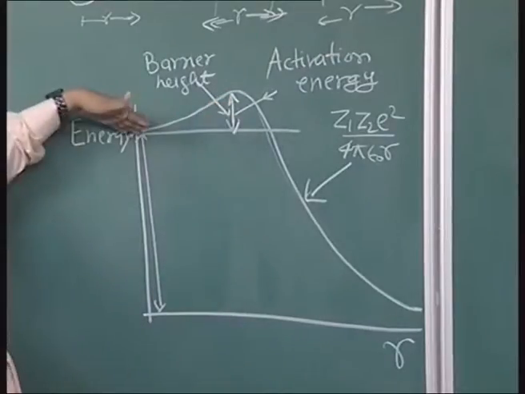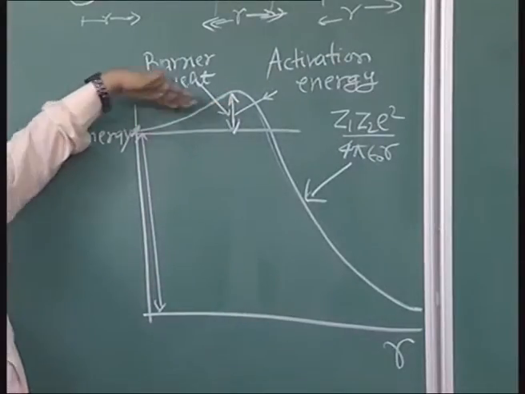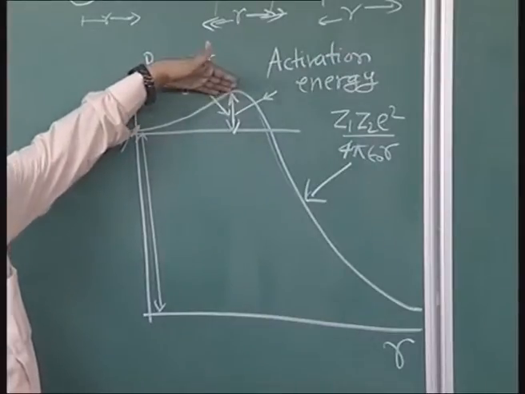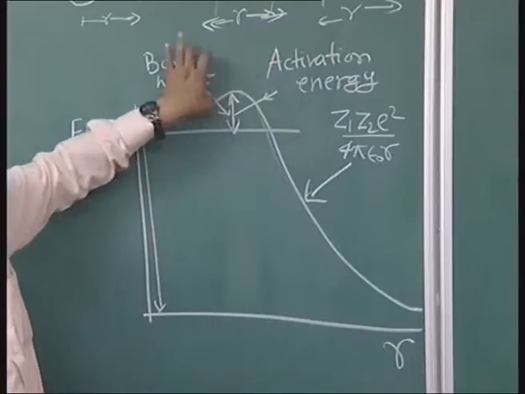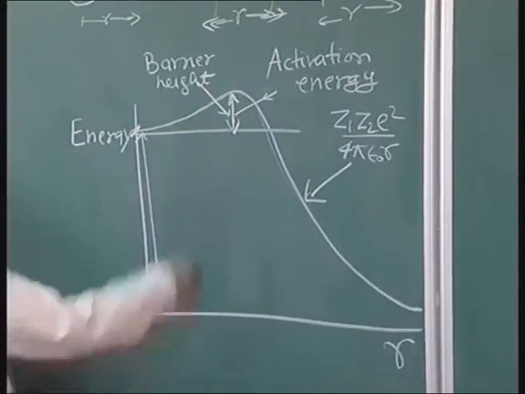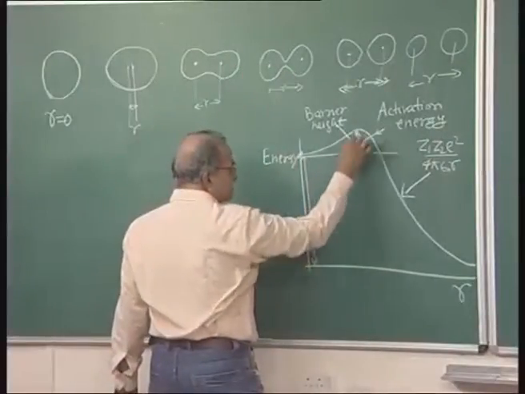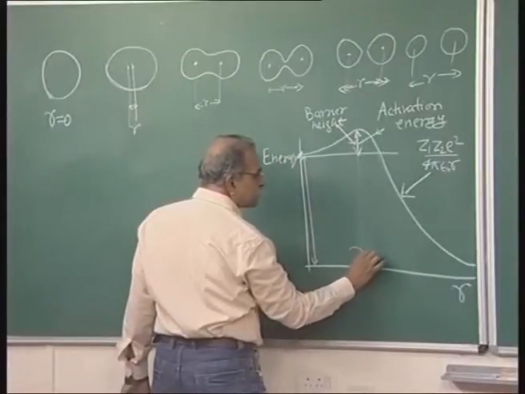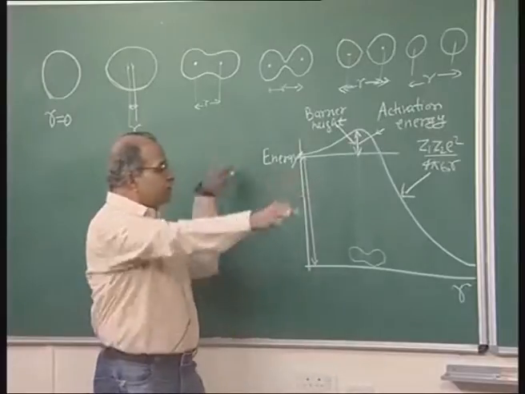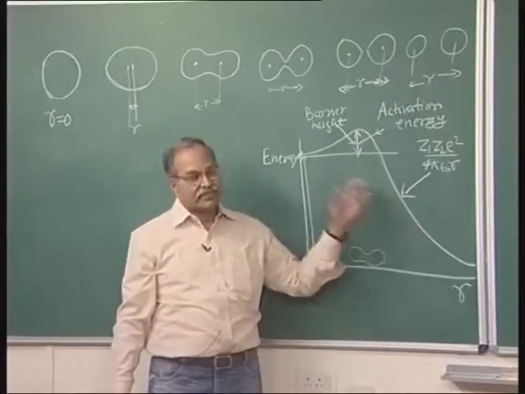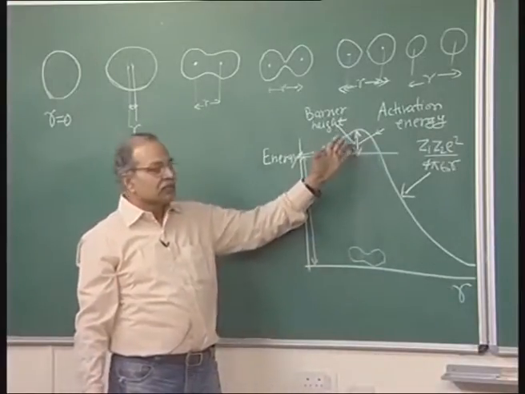The total available energy is this much, whereas this barrier is to be surmounted, this extra energy is needed. This is activation energy or barrier height. This is perhaps somewhere around here. This means perhaps you have some kind of deformation in this state. If it is further deformed, the energy decreases, but in the beginning it is this.